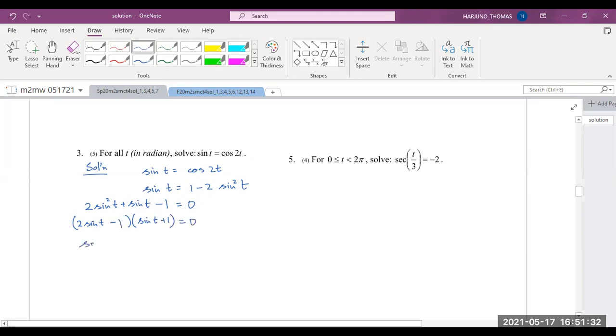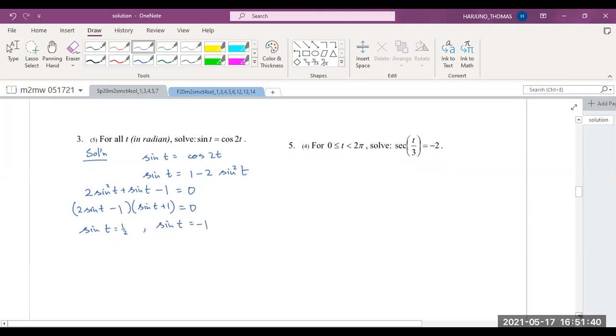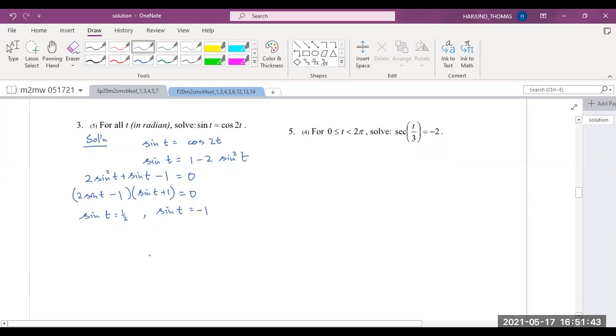So sine t equals 1/2, sine t equals -1. When sine t equals 1/2, then, in radians, that will be 30 degrees, pi over 6 plus 2 pi k.